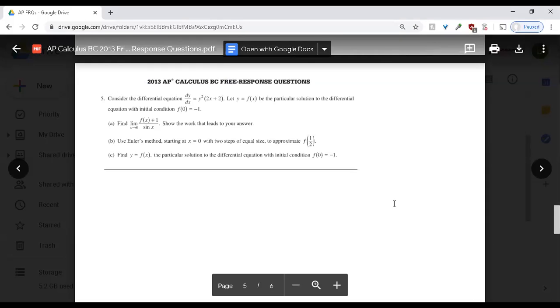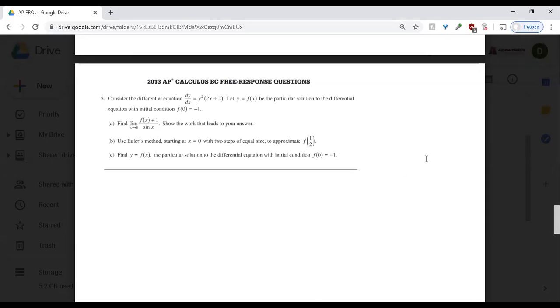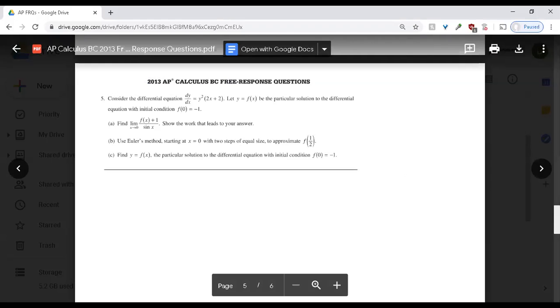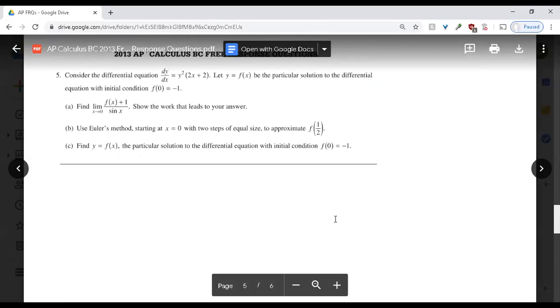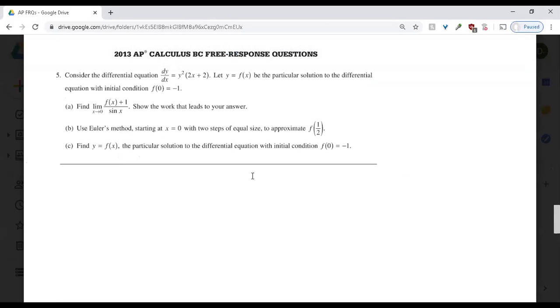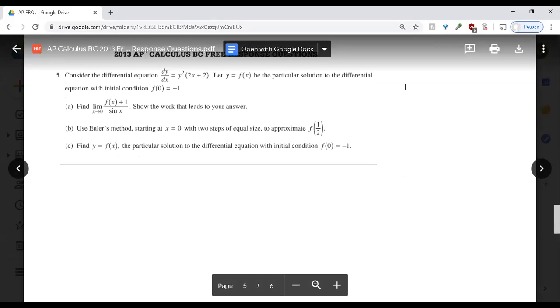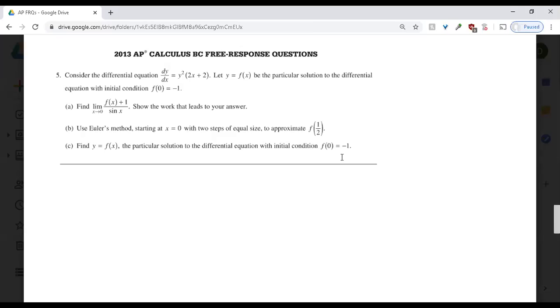Can you do A? Yes. Let's look at A. Let me make this a little bigger. So 5A. f of 0 equals -1.